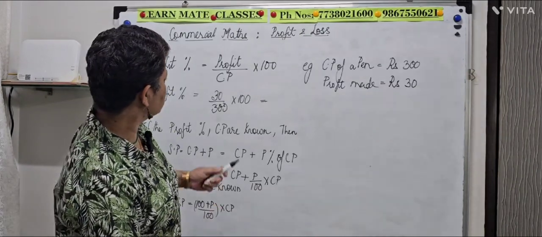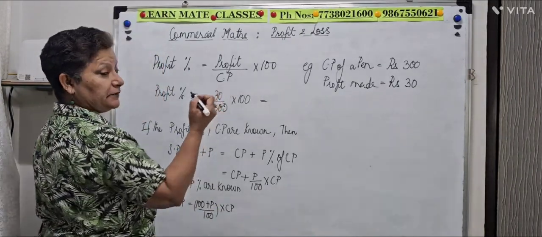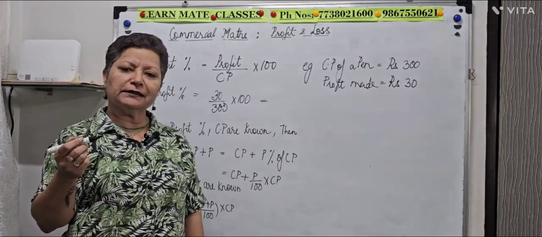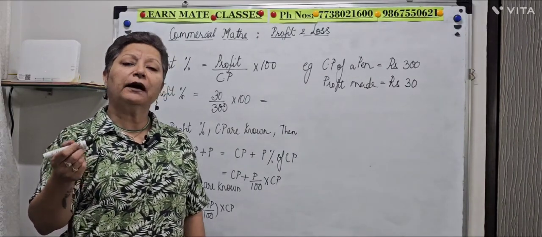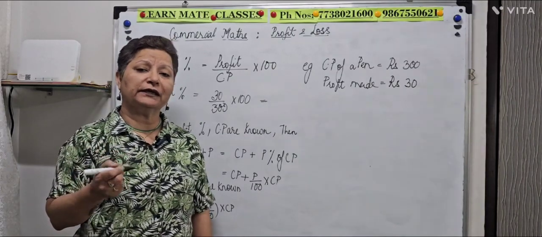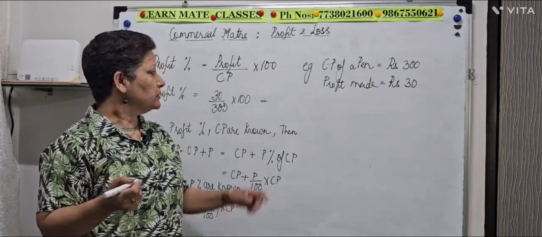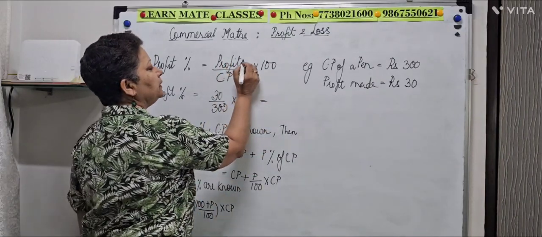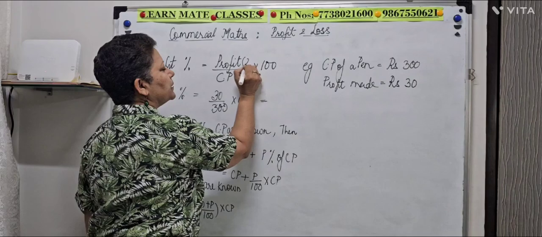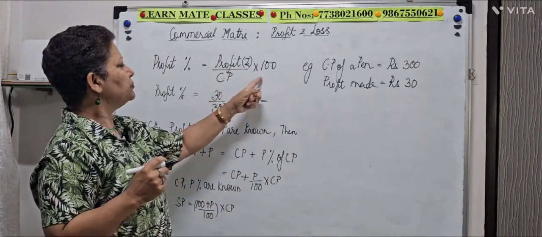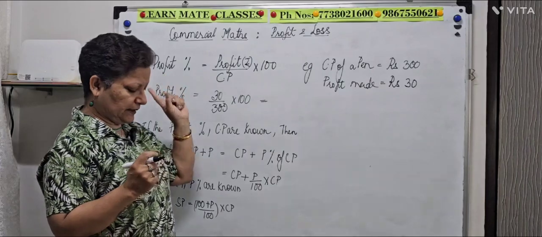Now, profit percent is nothing but, as I was telling you in the previous example, if on a cost price of 10 rupees he's made a profit of 1 rupee, how do you calculate the profit percentage? Percentage is always calculated by multiplying with 100. So, profit upon CP into 100. Mind you, here the profit is in rupees. So the profit in rupees upon the CP into 100 is going to give you the profit percent.